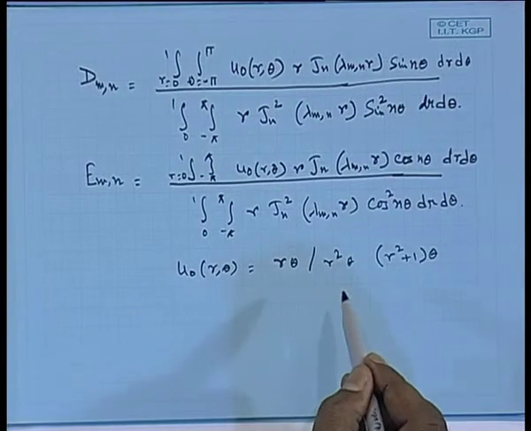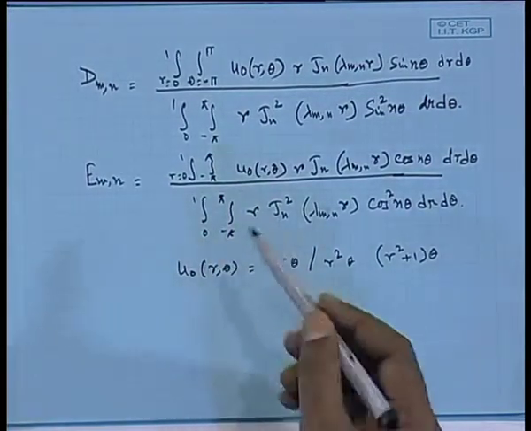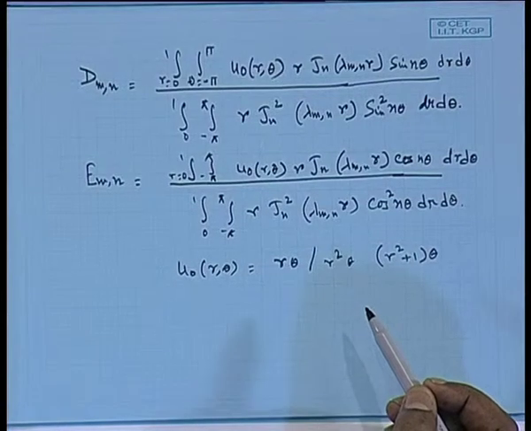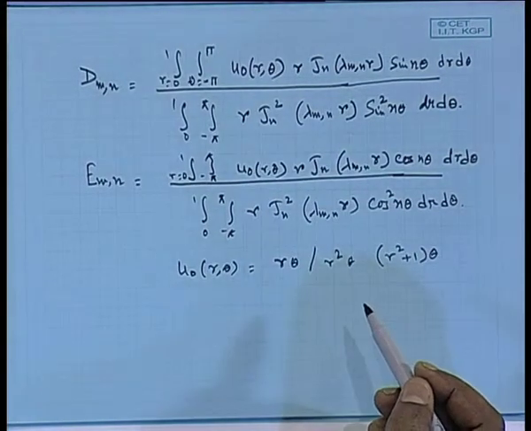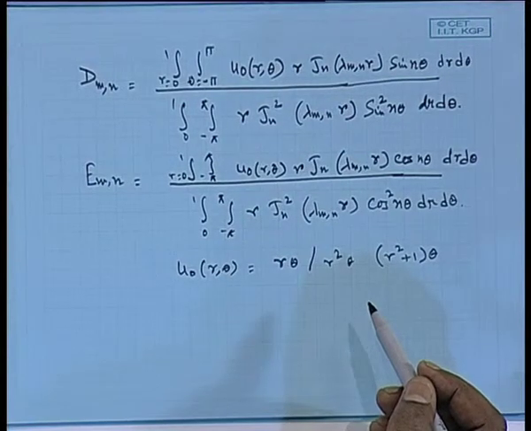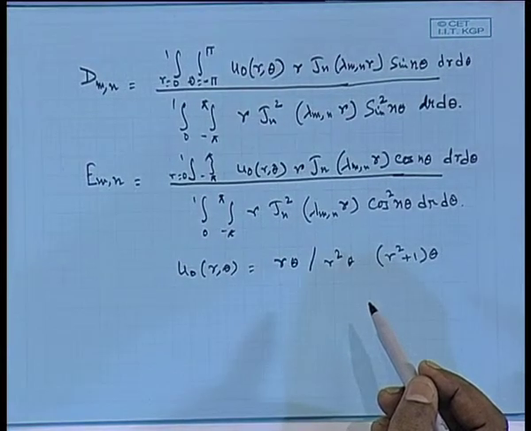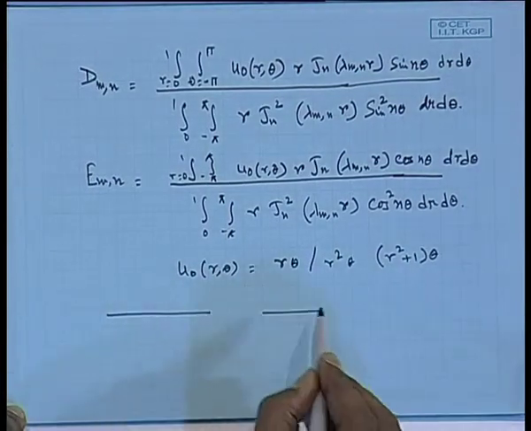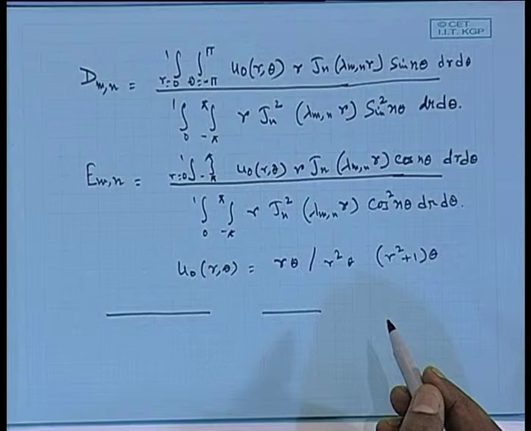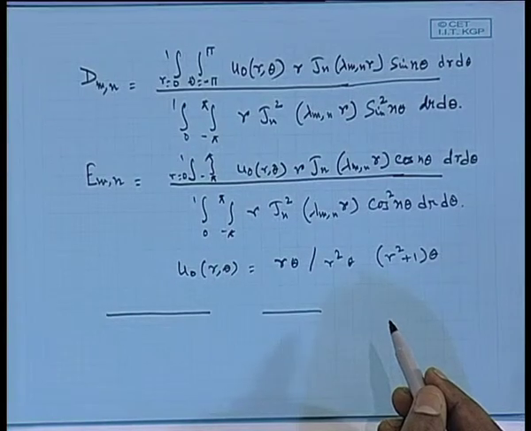If u0 is a complicated function of r and theta, these integrals have to be evaluated numerically using Simpson's rule or whatever. Numerical integrations are pretty simple. Use Simpson's rule or trapezoidal rule, and you will be getting the solution very quickly. So, that completes the total formulation or solution of the 3-dimensional solution in polar coordinates.